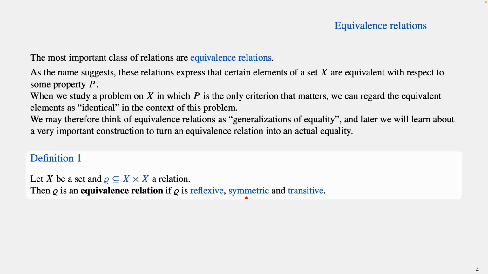The relation is symmetric, means that an element X being related to an element Y is the same as saying that the element Y is related to the element X. And the relation being transitive means that if X is related to Y and Y is related to Z, then X is also related to Z.